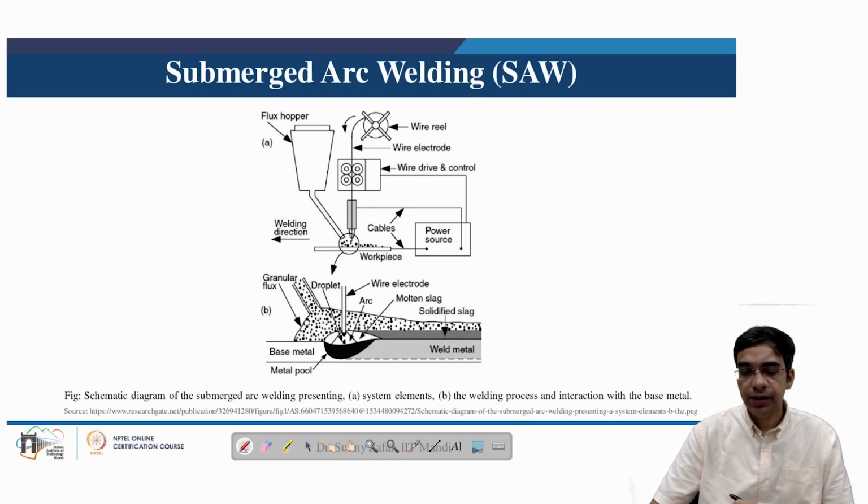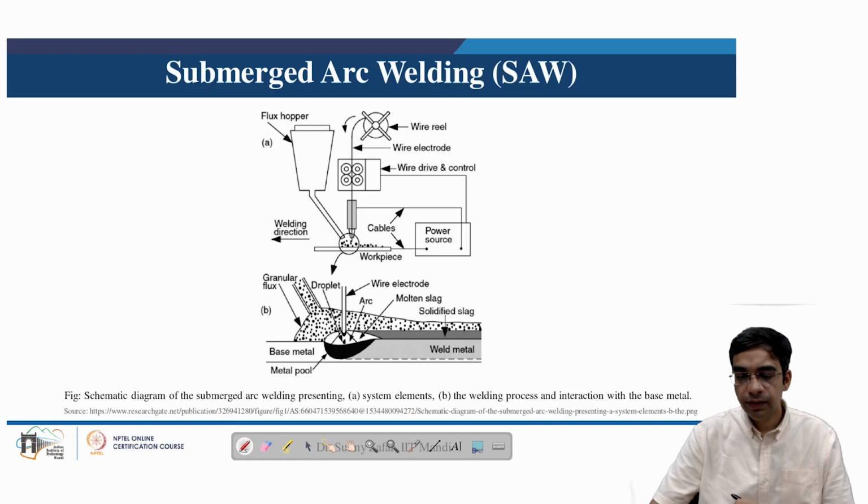So the next process which comes for repairing and welding in steam turbine is submerged arc welding. This process is somewhat automatic or semi-automatic, where we have the filler material in the form of a wire reel which is provided into the welding arc, and subsequently the arc is submerged into granular flux. The granular flux is provided from a flux hopper which continuously moves as the wire traverses on the base material.